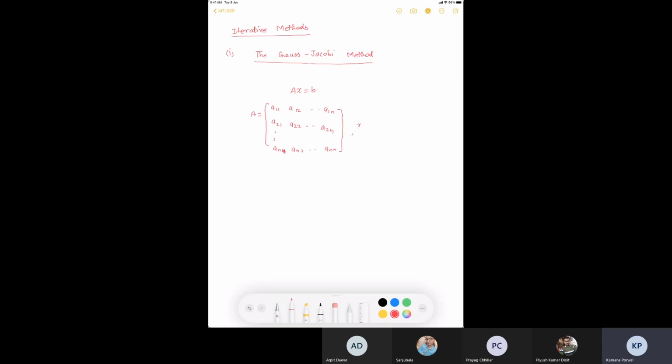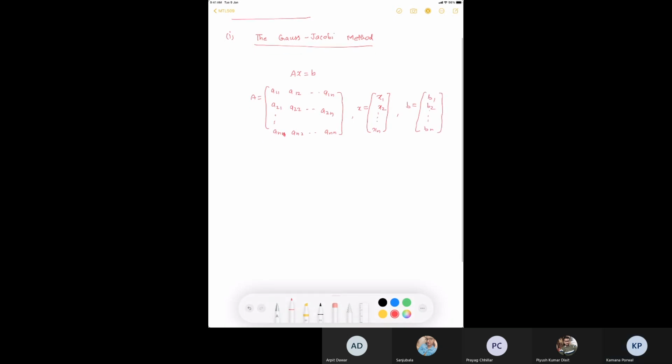And x is a vector of length n with the components xi, and b is also a vector of the same size as x with the components bi. So this is an n by n matrix.